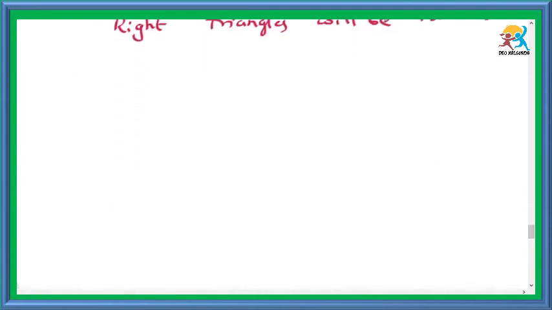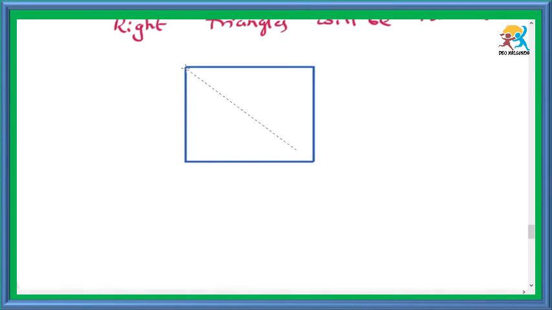Again we draw the square. This is one diagonal. This is another diagonal intersecting at O. I will take the two triangles.